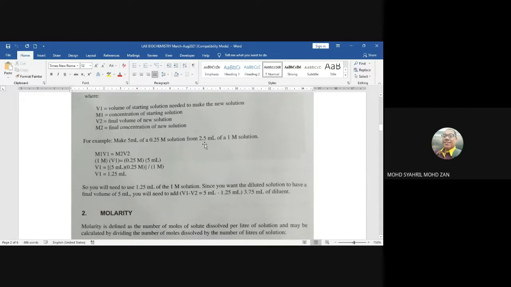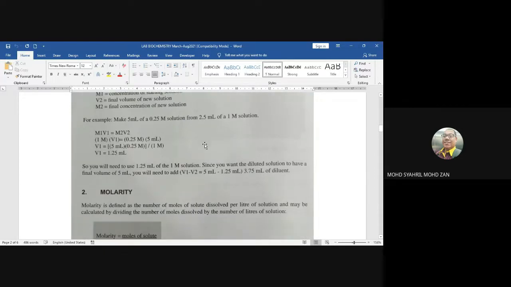Okay, so we have to test our formula. Let's say we make 5 ml of a 0.25 molar solution from a 1 molar solution. So you have to check where our starting point is and what we already have. Just put them like Lego, side by side. So 5 ml represents our V2.